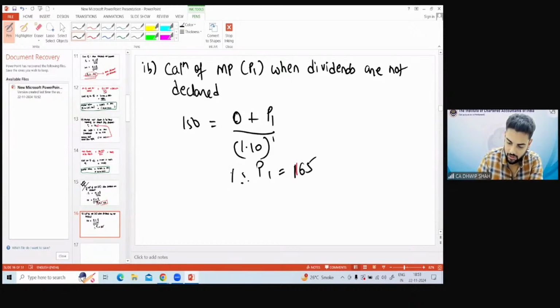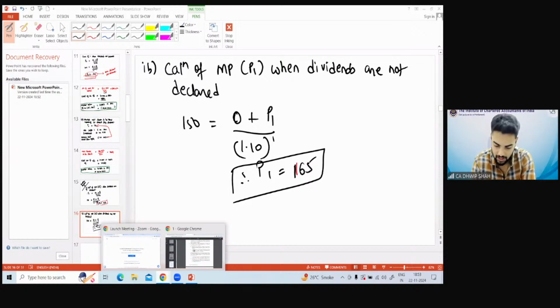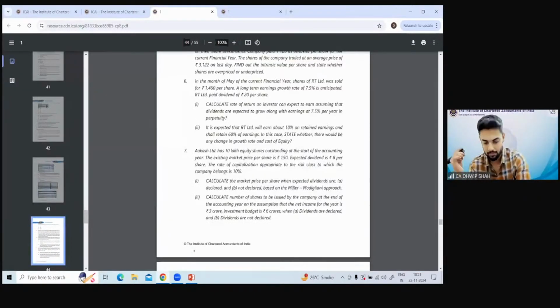Okay? So part 1 of the question is done. In part 1, they have just asked us to calculate the market price. That is done. Now the second part. Calculate the number of shares to be issued by the company at the end of the accounting year. Means they have asked to calculate new shares to be issued at the end of year 1. The net income of the year is 3 crores.